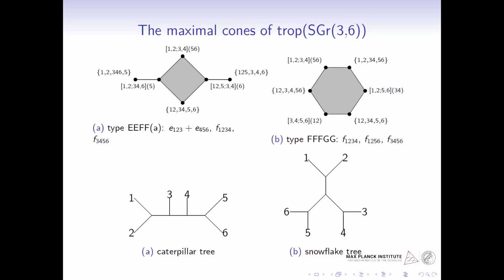And this works like this. We have the 2 types of trees with 6 leaves, the caterpillar tree and the snowflake tree. And there are 90 caterpillar trees, which correspond to the 90 cones with this tight span, and 15 snowflake trees corresponding to the hexagon in the subdivision.